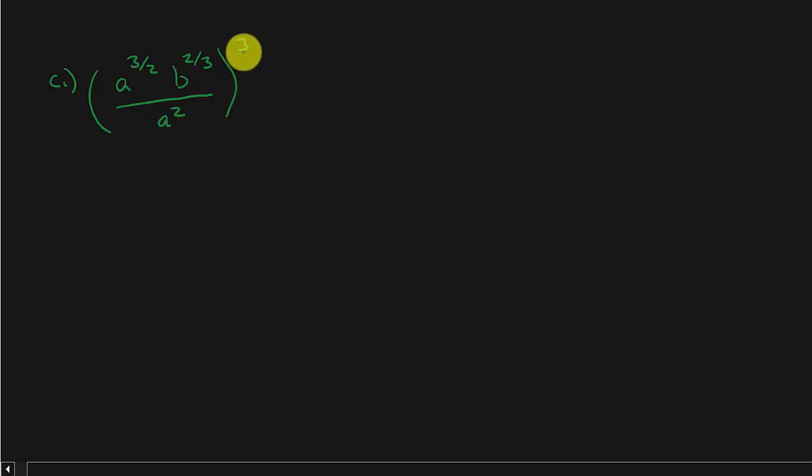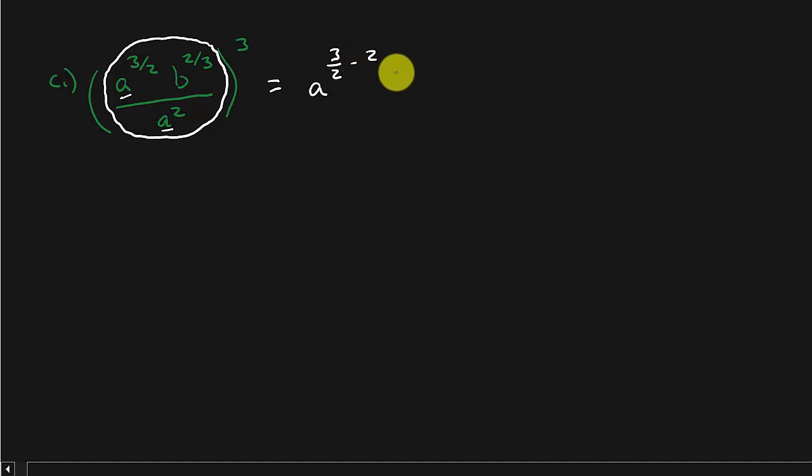But when I have something in parentheses like this raised to an exponent, I like to simplify whatever I can inside the parentheses first. Do you have to do that? No, you don't. I just think a lot of times it's easier. So let's simplify what's inside the parentheses. Here you can see I have like bases with the a. So remember, if you have like bases, that means you subtract the exponents.